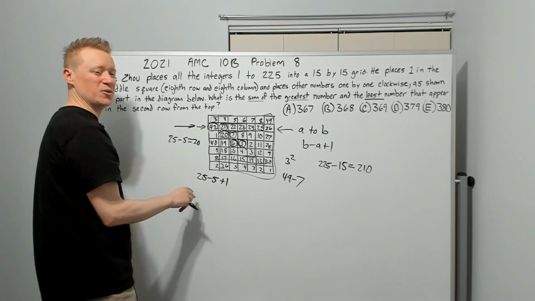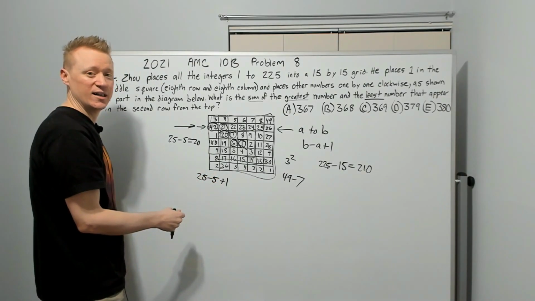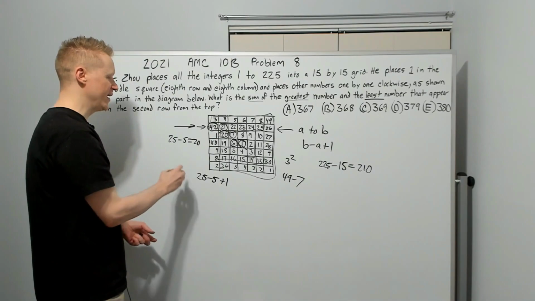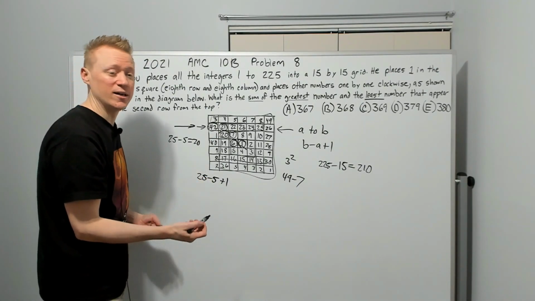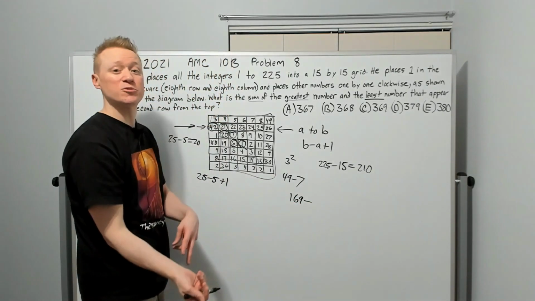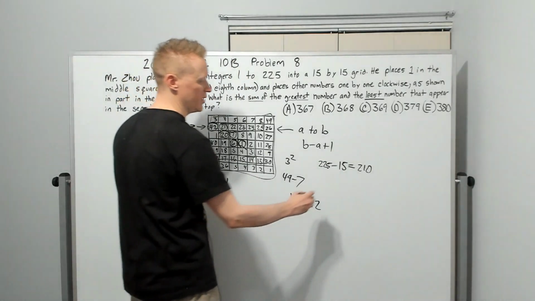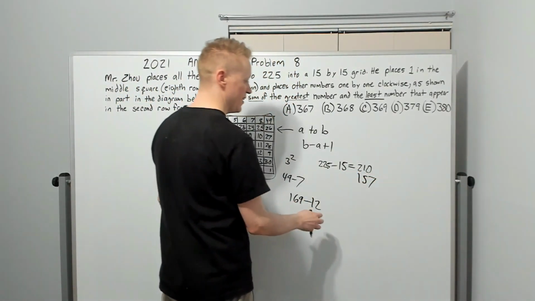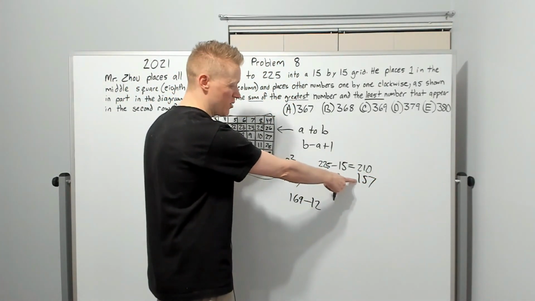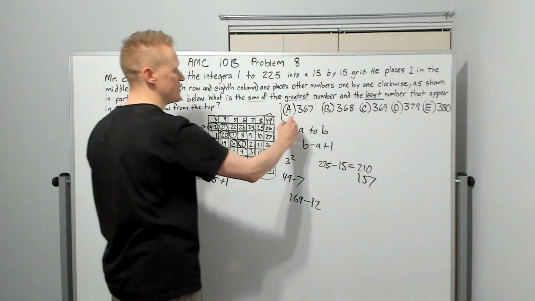Instead of subtracting the square root, subtract 1 less. You're subtracting 4, 25 minus 4. So for the 13 squared, it's 169, but instead of subtracting 13, subtract 12. When you subtract 12, you will get 157. This is the smallest number in that row. This is the largest, 367. 367 is A.